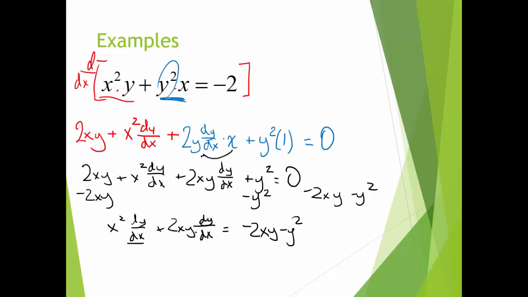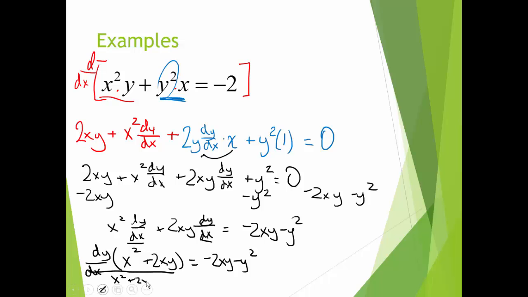Now that I have dy/dx all on one side, I can factor it out and treat it like a GCF. So I'm left with dy/dx times x squared plus 2xy equals -2xy minus y squared. And then I can divide through by the x squared plus 2xy on both sides. And now I'll finish it up top here.